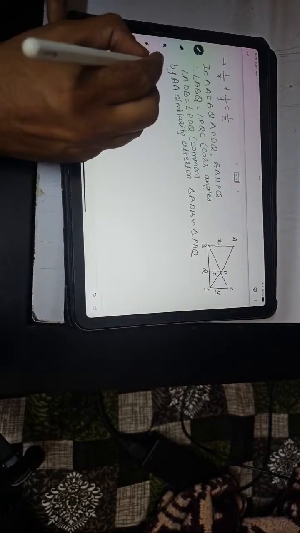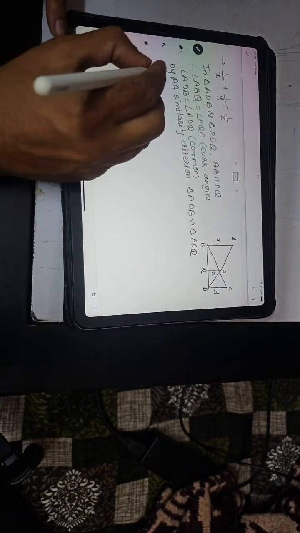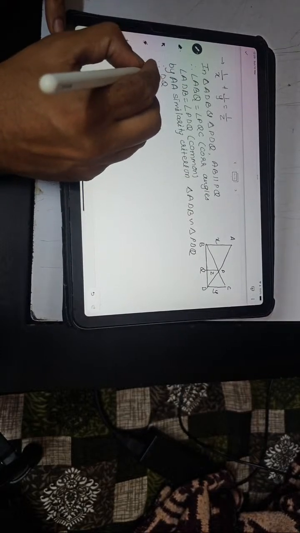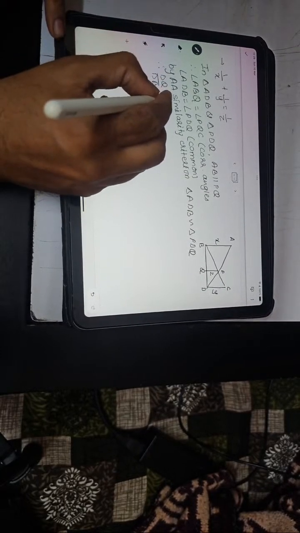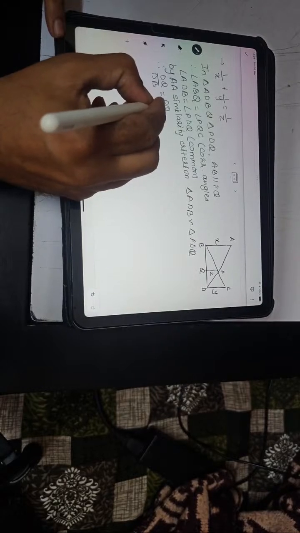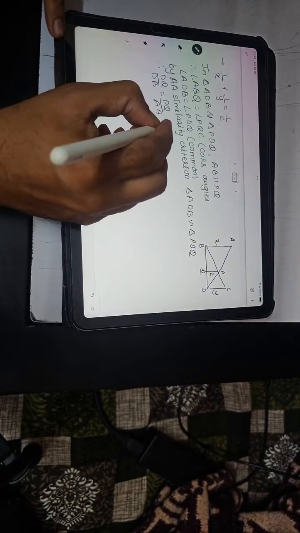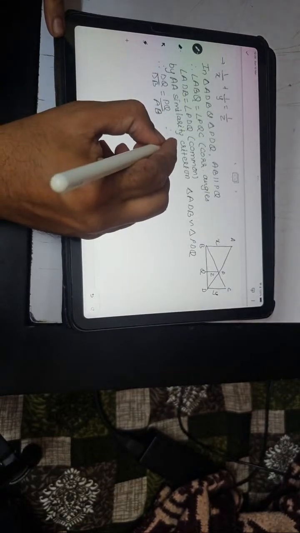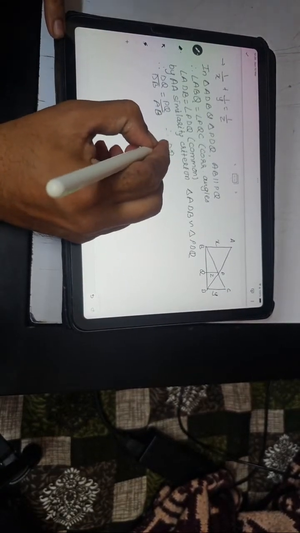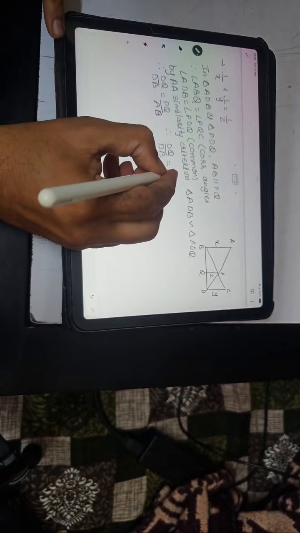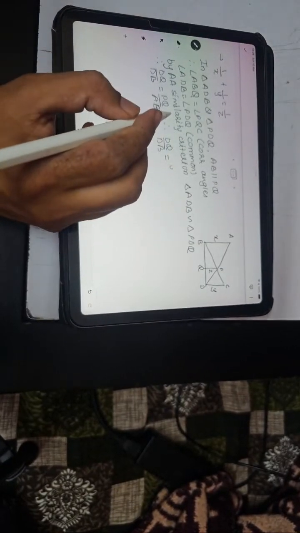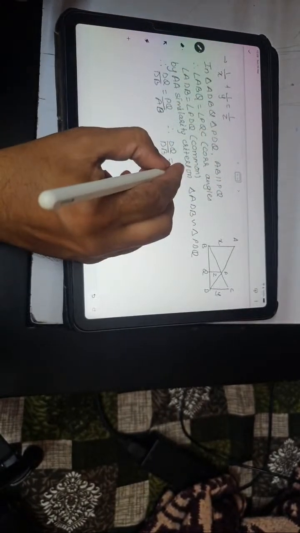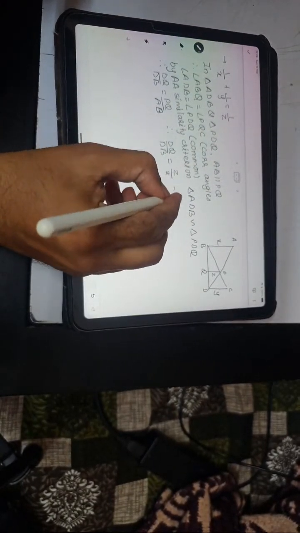So therefore DQ upon DB equal to PQ upon AB. So therefore DQ upon DB equal to Z by X. This is first.